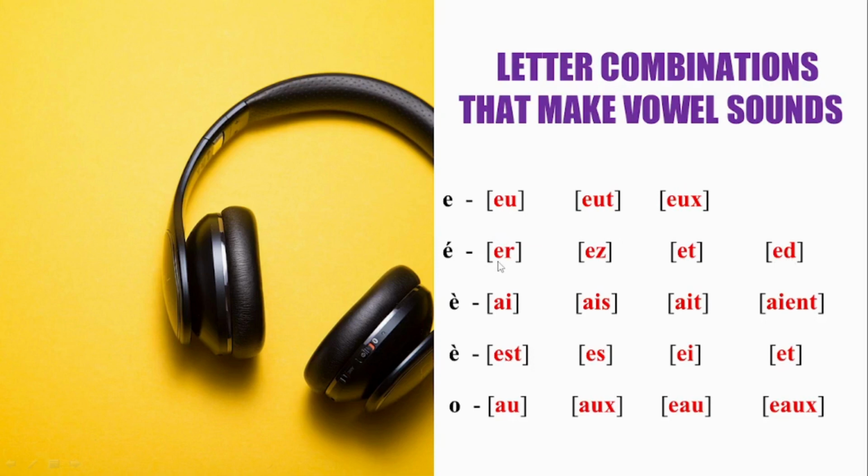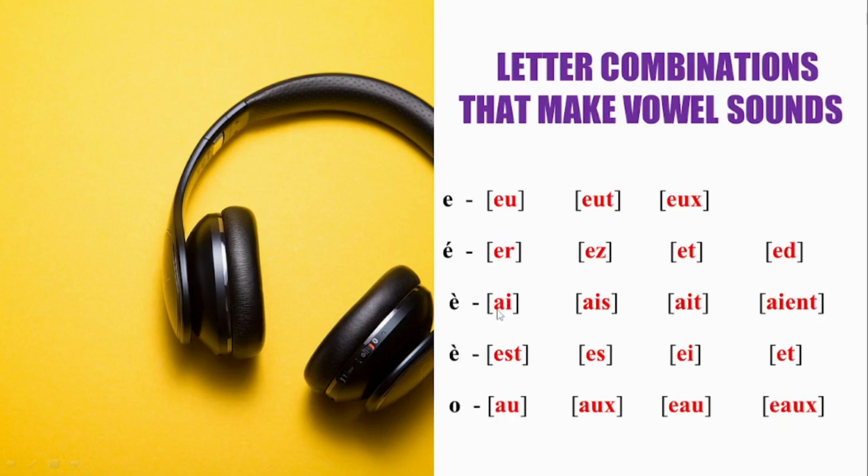All of these are pronounced E. You would remember ER verbs, verbs that end in ER. So whenever you see an ER at the end of a verb, just note that it's pronounced E. EZ, you find this in verb conjugations, ET, ED, right?